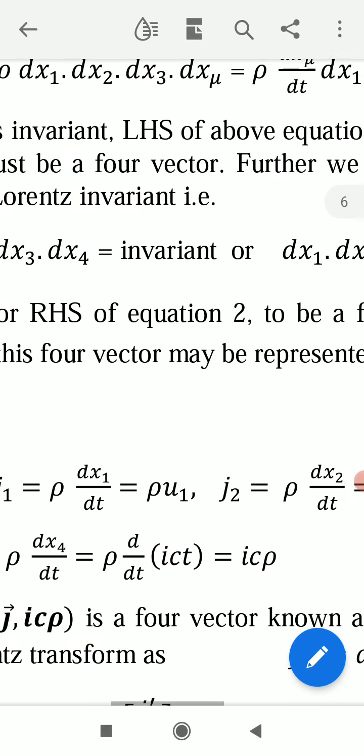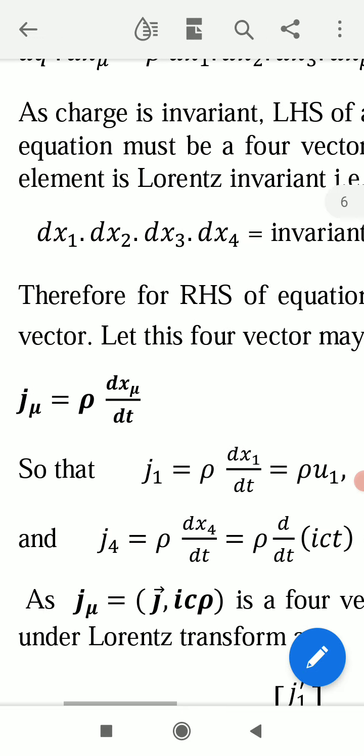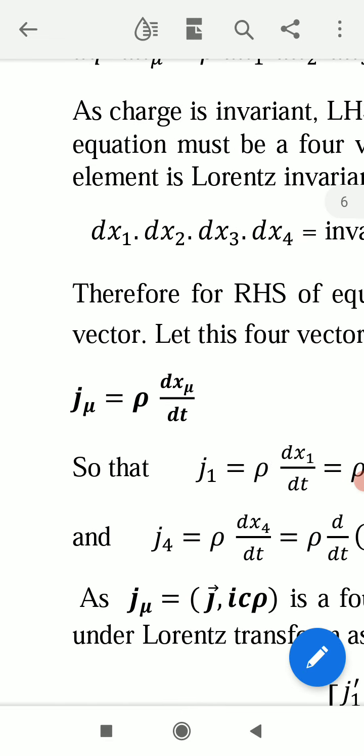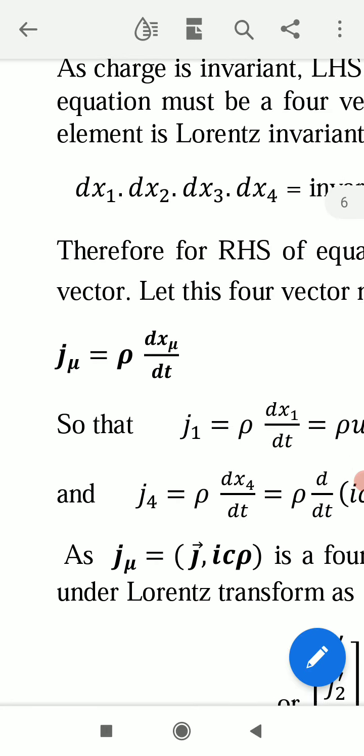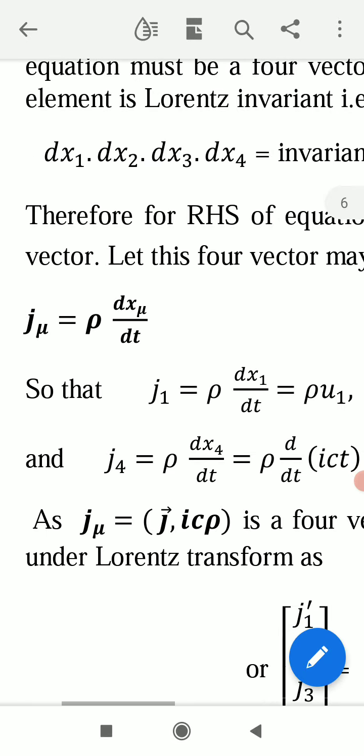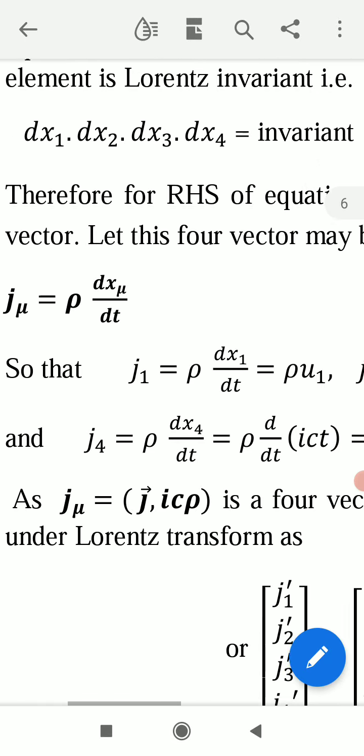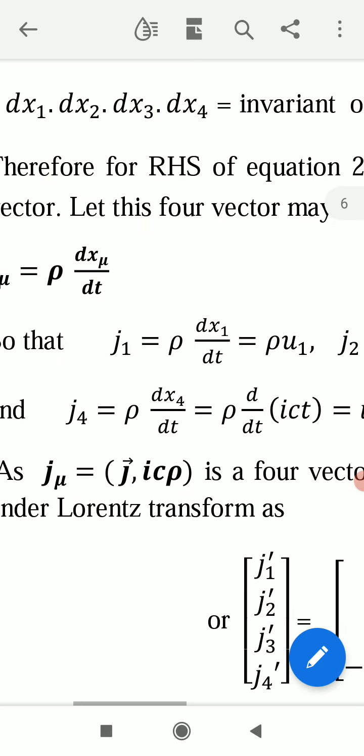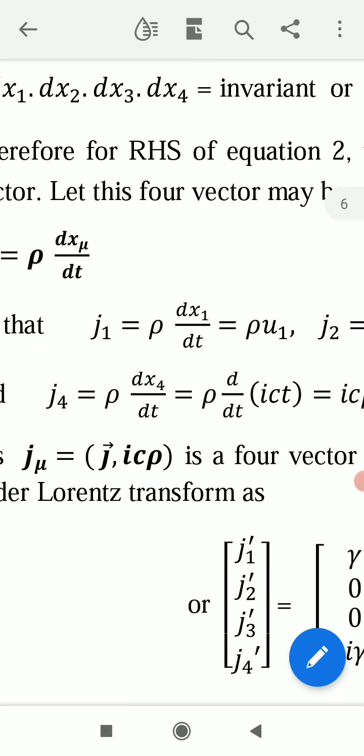Let this 4 vector be represented as J mu equal to rho into dx mu upon dt. This is the current 4 vector. J mu equal to rho dx mu upon dt. The first component of this 4 vector is J1. J1 is rho dx1 upon dt, that is rho dx upon dt.